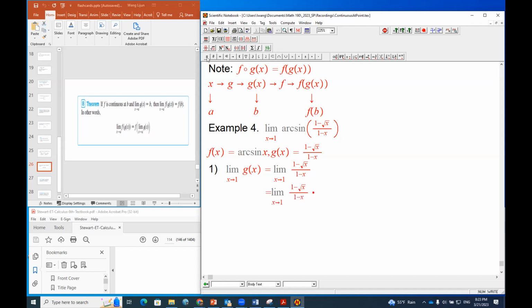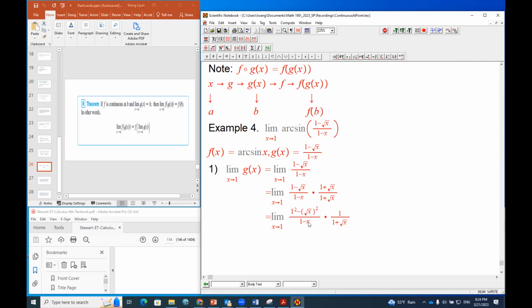See if we can do it. Sometimes we can, sometimes we can't. The conjugate of the numerator is 1 plus root x. So we multiply by 1, and anything times 1 stays the same. On top, numerator times numerator, we get 1 squared minus root x squared.